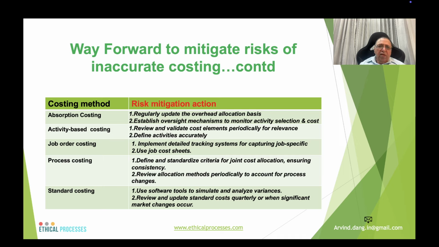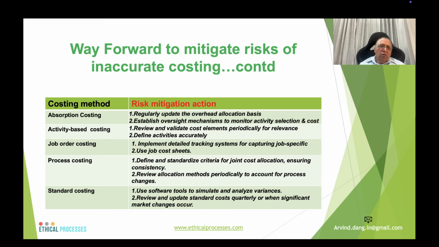Costing method specific risk mitigation actions: for absorption costing, regularly update the overhead allocation basis and establish oversight mechanism to monitor activity selection and cost. Activity based costing, two risk mitigation actions are review and validate cost elements periodically for relevance and define activities accurately.